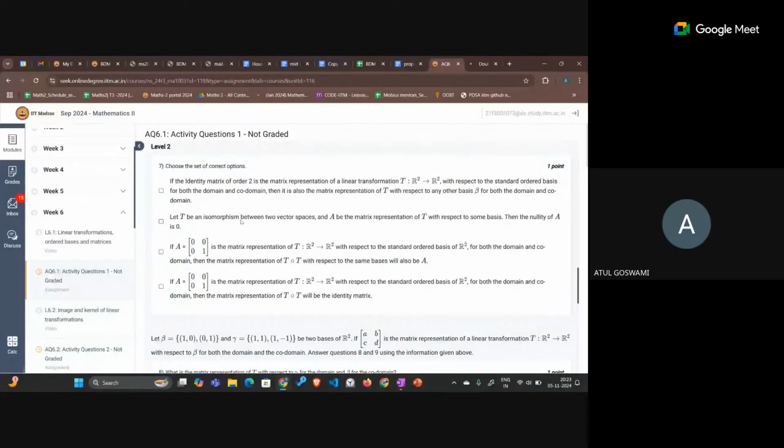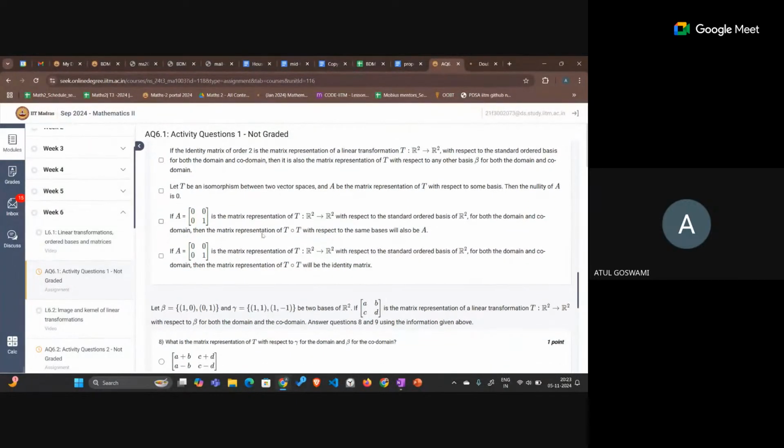Is everybody fine with option two? Yes. Option three: if A is the matrix (0 0; 1 0 1) representing T with respect to the standard ordered basis for both domain and codomain, then the matrix representation of T of T with respect to the same basis will also be A. Okay, let's check.